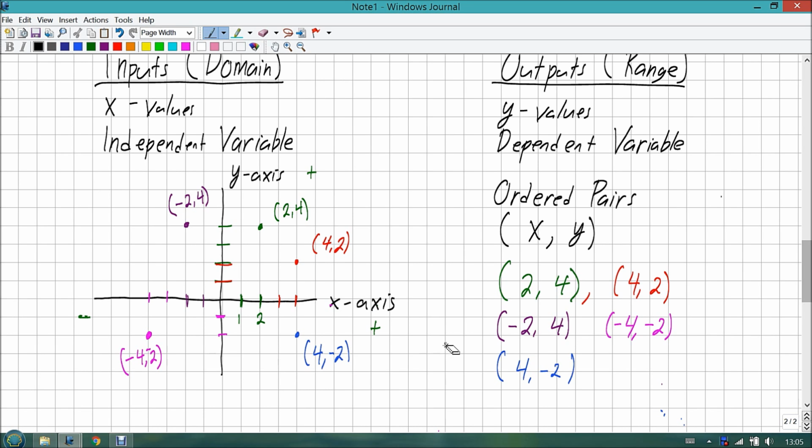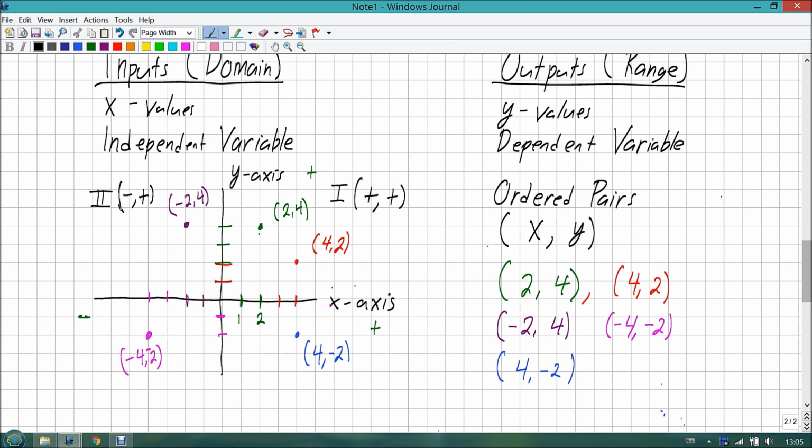So each quadrant has a different style of numbers. This first quadrant, which we're going to call the top right-hand quadrant, is quadrant 1, and its numbers appear as a positive x value and a positive y value. Then the second quadrant, which would be to the left in a counterclockwise fashion, has points in the form of a negative value and then a positive value.